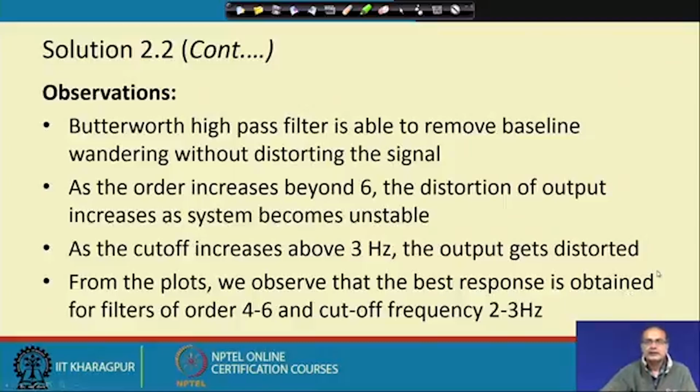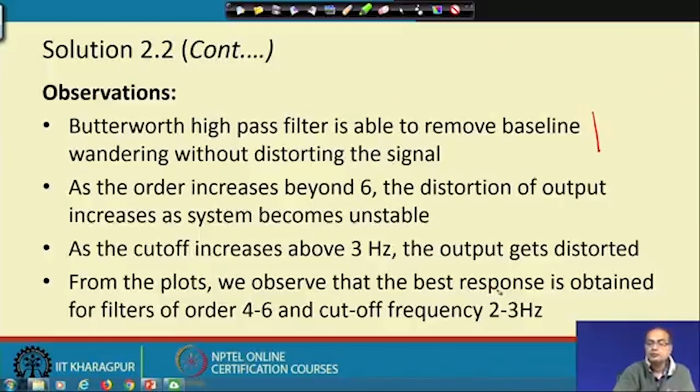Now, let us summarize the whole thing and look at the takeaways from this experiment. The first point is that the Butterworth high pass filter is able to remove the baseline wandering without distorting the signal.